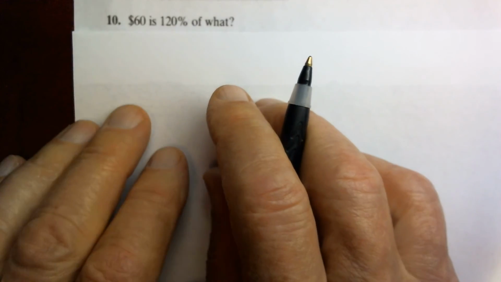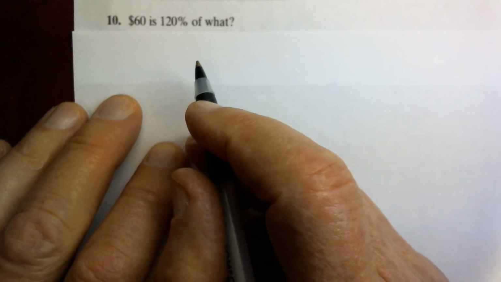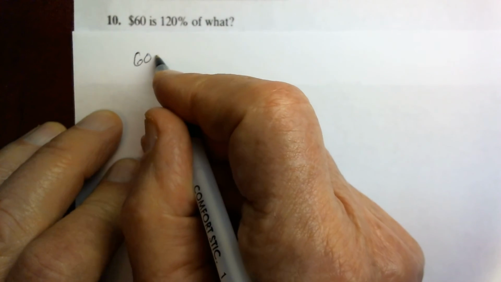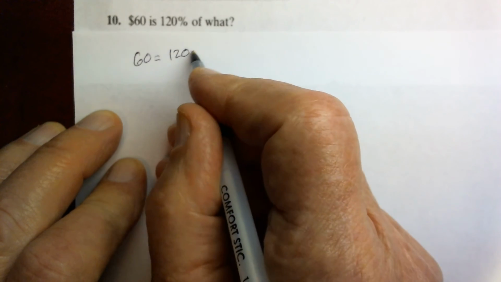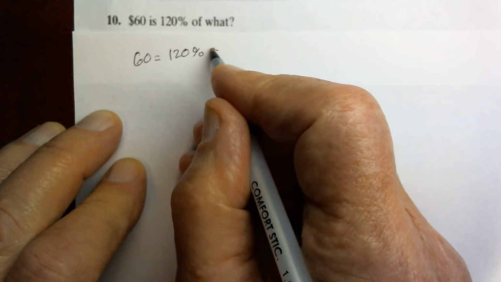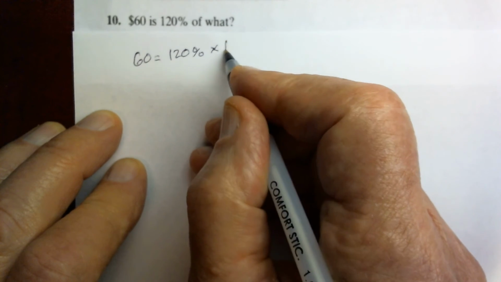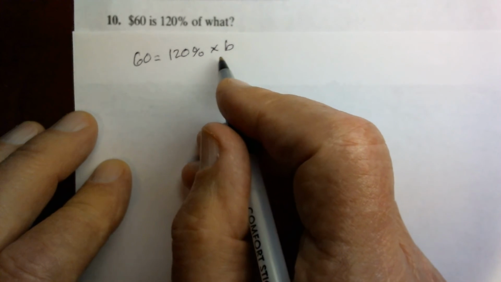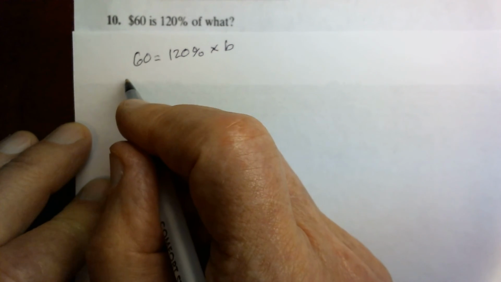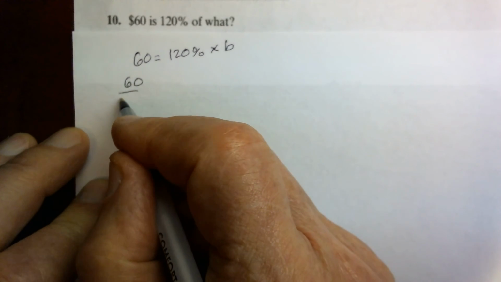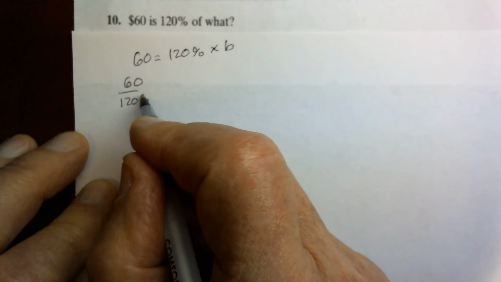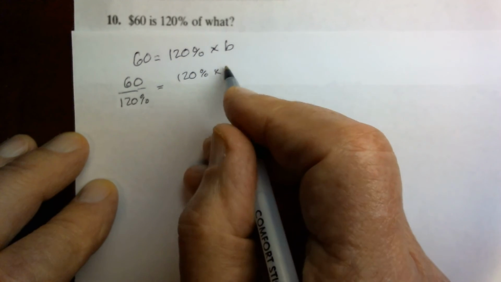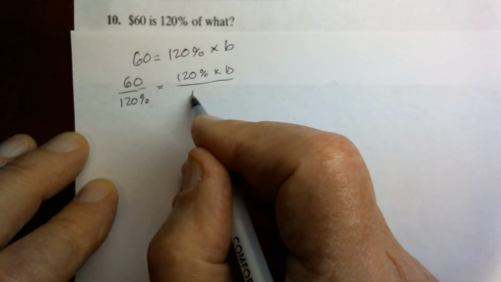Number 10 asks, $60 is 120% of what? So we set up the equation, 60 equals 120% of, multiplication, what? Let's choose the letter B. Now to isolate B, we divide both sides by 120%. So 60 divided by 120% equals 120% times B divided by 120%.